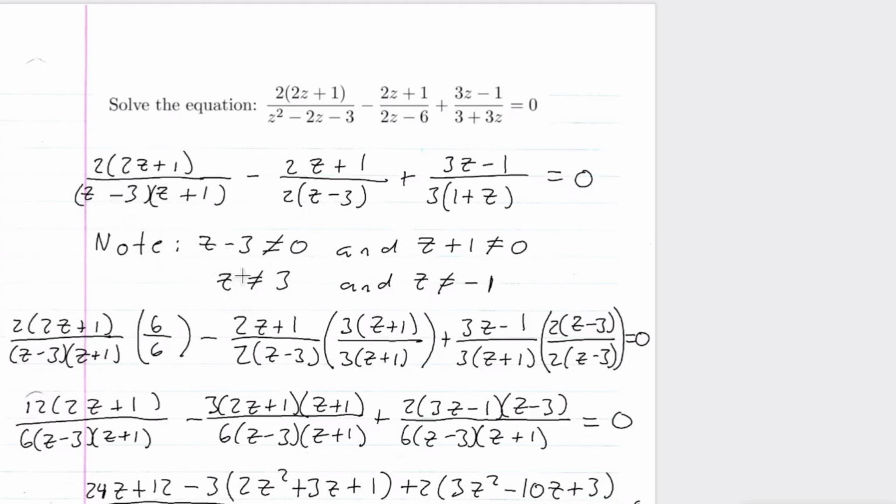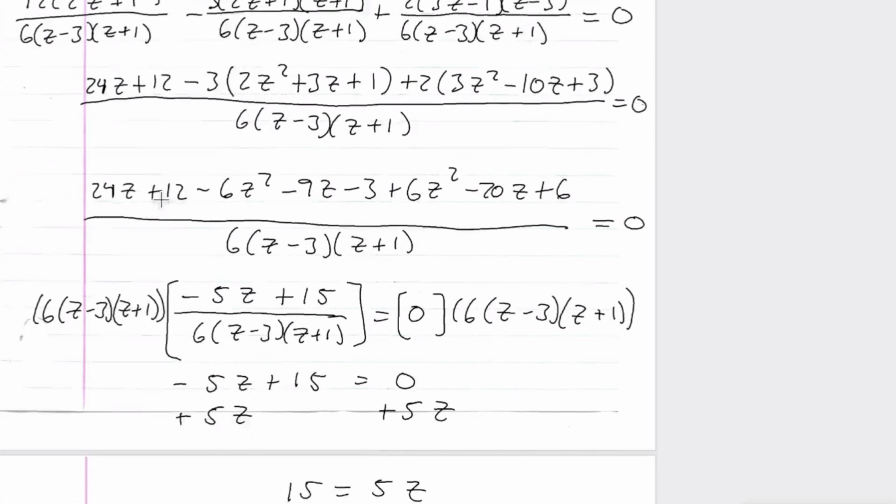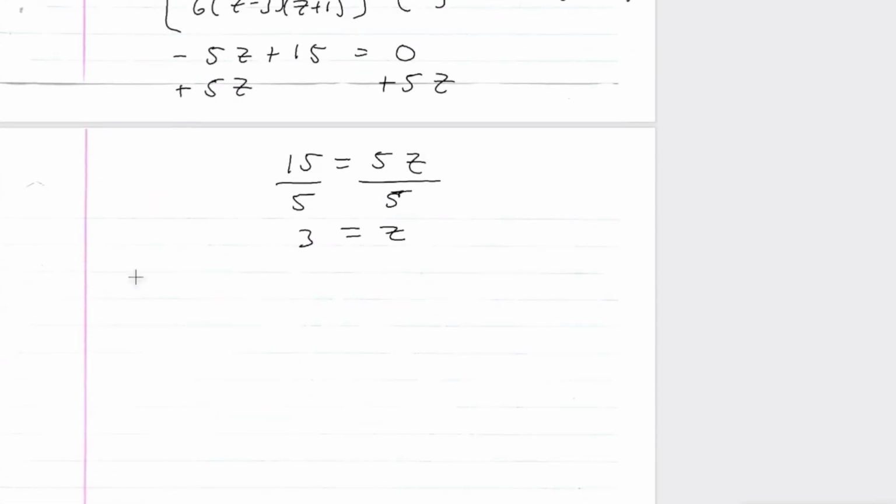So if the only possible solution to this equation is z is equal to 3, that means there must be no solution because we cannot divide by 0, right? But we know that z cannot be equal to 3. So this implies that there is no solution to this equation.